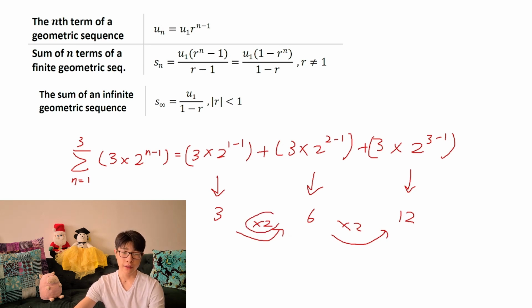We can identify this r straight away just by looking at the sigma notation, the number under the power of n minus 1. And our u1 would just be this 3. So it's very similar to this. I'm sure there are harder examples out there, but this is just the basics for sigma notation in terms of geometric series.